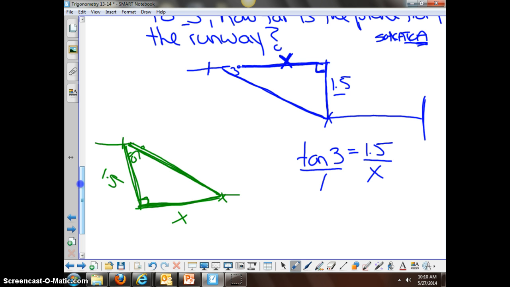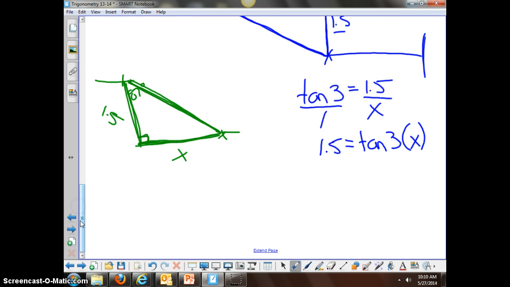Now what? So 1.5 is equal to the tangent of 3 times x. What are you doing next?